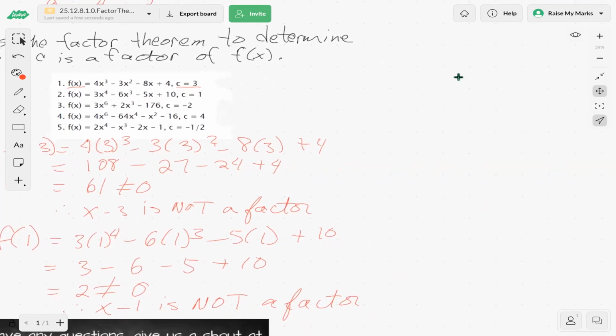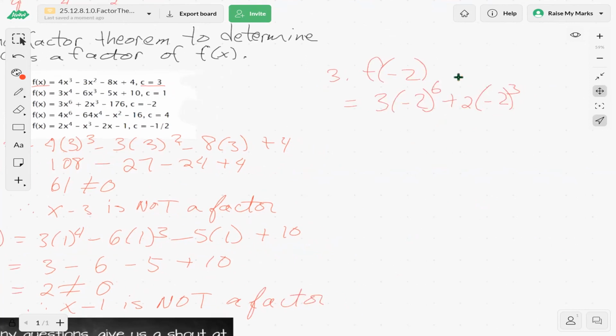Number 3, our function is 3x to the power 6 plus 2x cubed minus 176, and our c is negative 2. Okay, so let's put it here. So we need to evaluate f at negative 2, and let's see what we get. We have 3 times negative 2 to the power 6 plus 2 times negative 2 cubed minus 176.